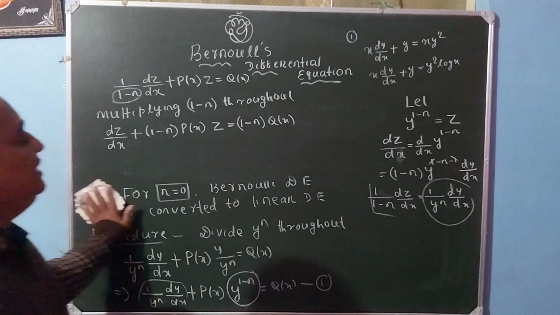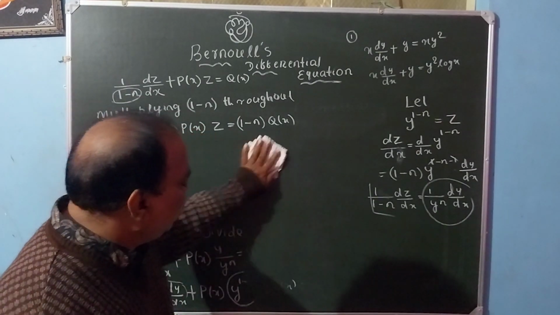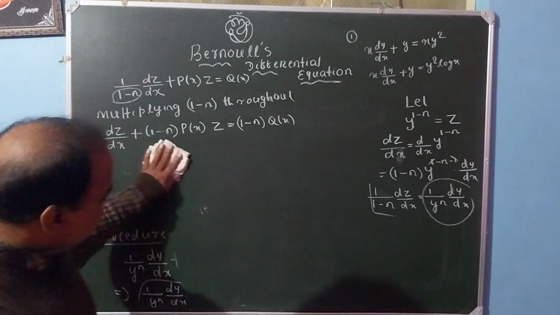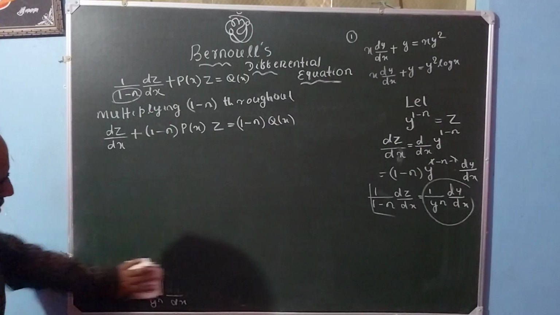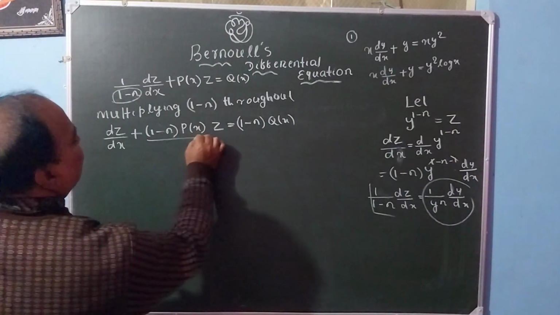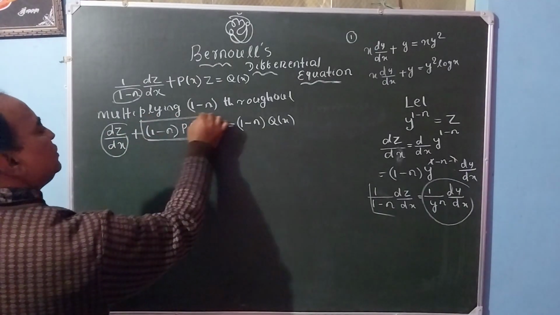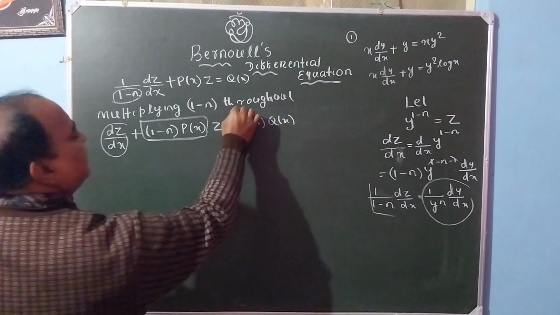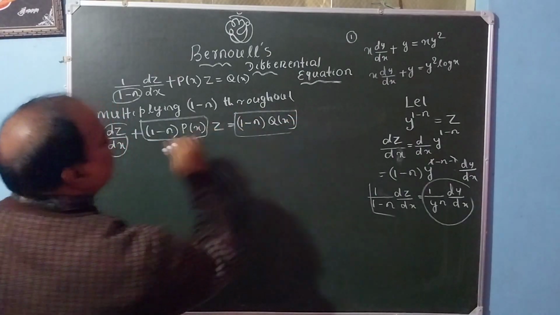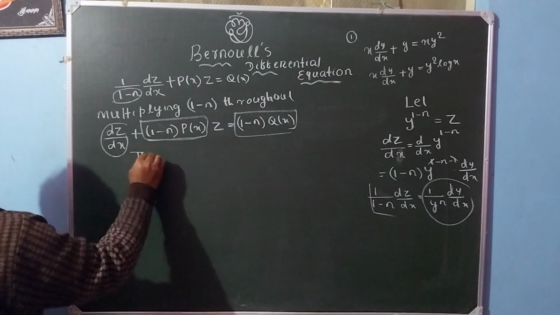So this is now a linear differential equation. It has a constant with dz/dx, here is a function of x into z, and here it is also a function of x. This is a linear differential equation.